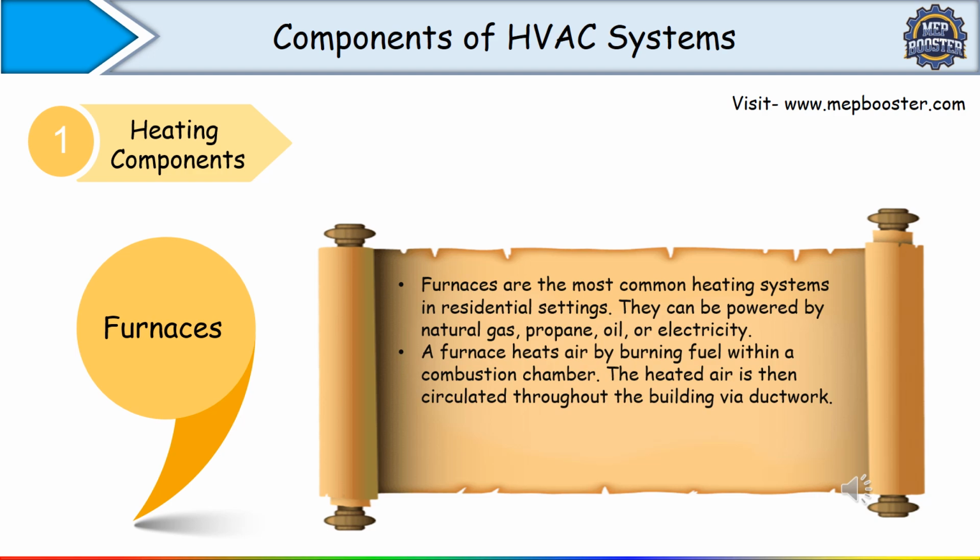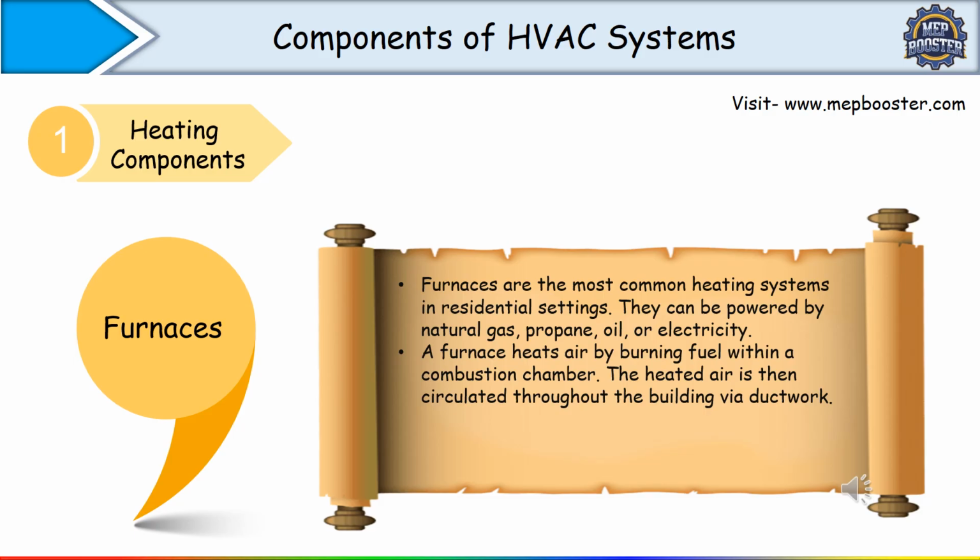How does the furnace work? First of all, the furnace heats air by burning fuel within a combustion chamber. The combustion chamber is where the fuel is burned to generate heat, and it is typically made up of heat resistant material and designed to contain the combustion process safely.